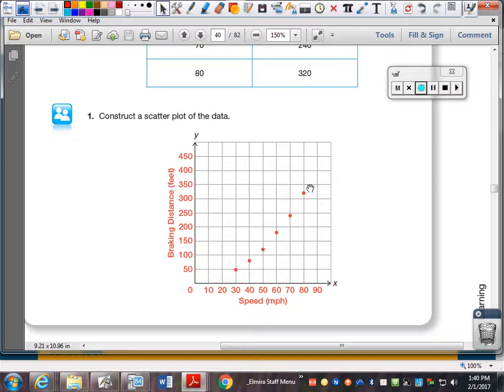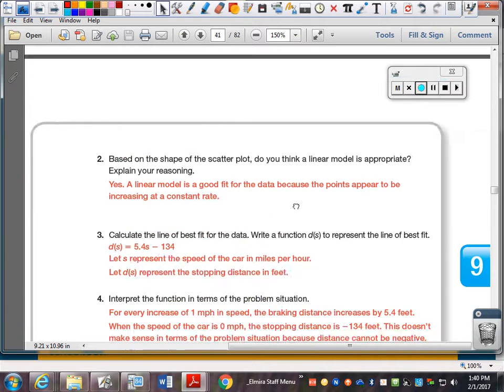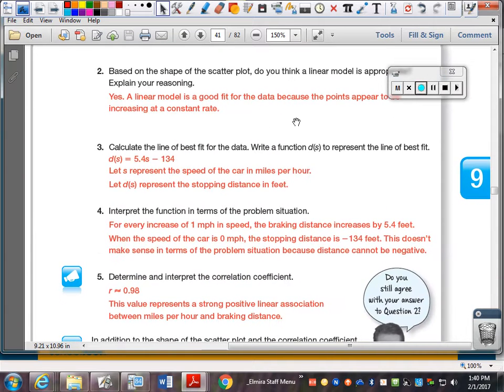And we have this data, which looking at it appears linear, but I also see a slight curve to it. So I don't know, I could go either way, whether it's exponential or linear. Based on the shape of the scatter plot, yeah, we could say it's linear because the points appear to be going in a somewhat straight line.